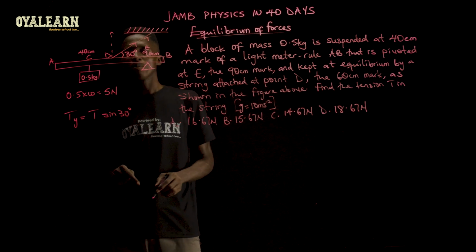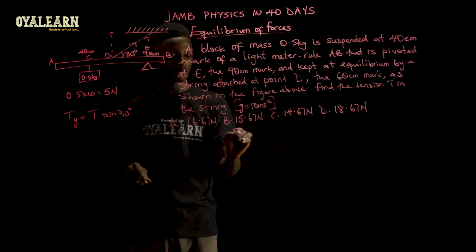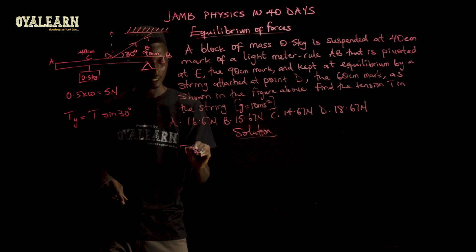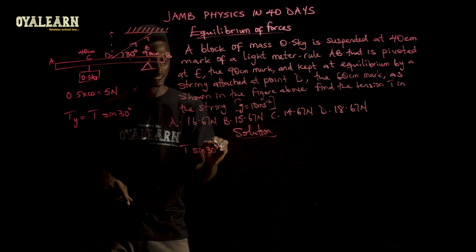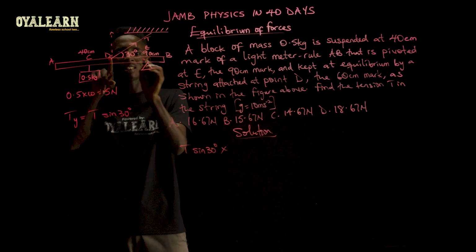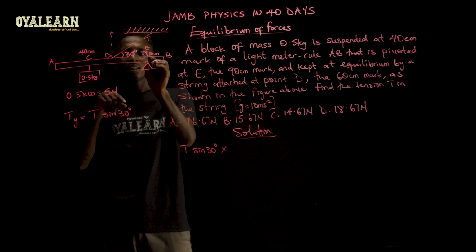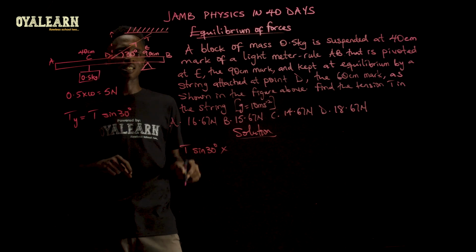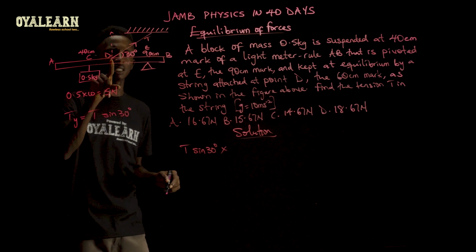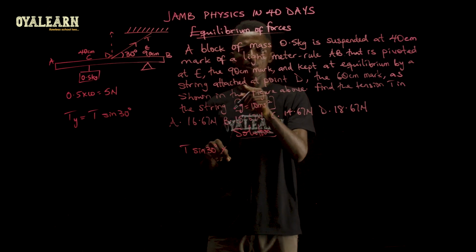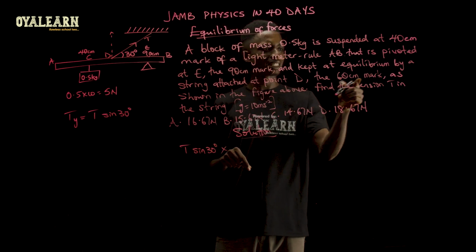For the clockwise movement, that would be T sine 30 degrees multiplied by the distance between point D and the 90 centimeter mark. Let's find out what the distance is. From the question, point D is the 60 centimeter mark.